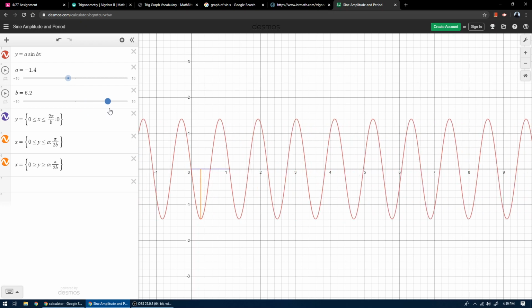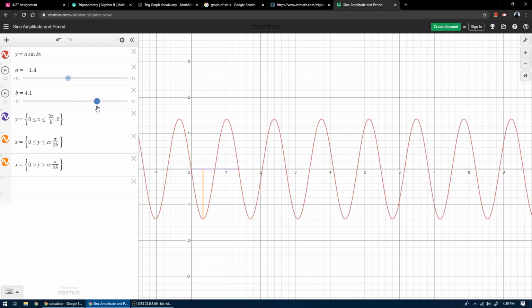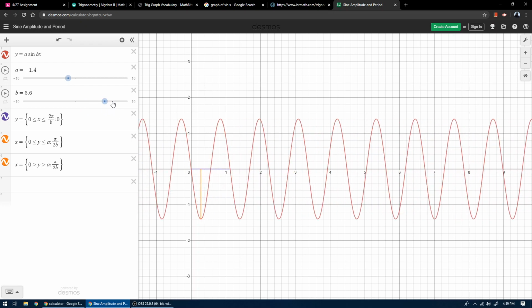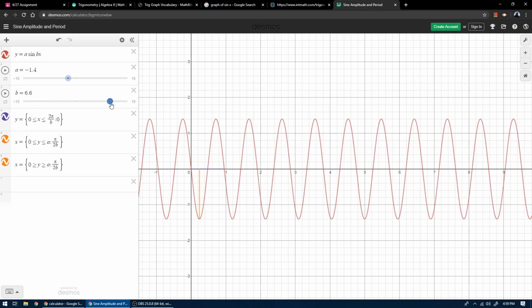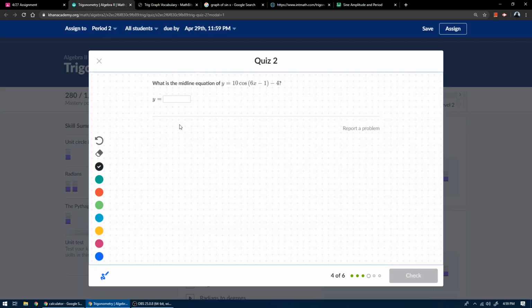No, because it's still in the middle, right? The midline is still the center part right here, even if I change the period or the amplitude. So I actually don't really care about these numbers. You don't really need to care about them. What I do care about is these numbers right here. This will be -1 and -4.